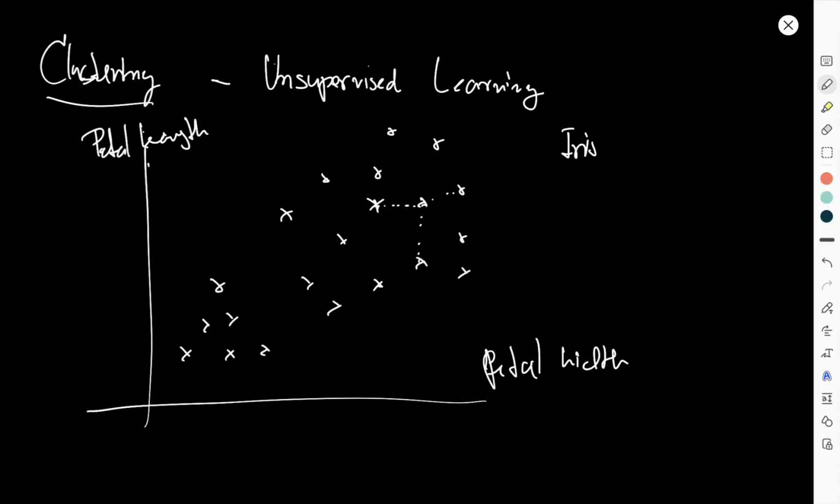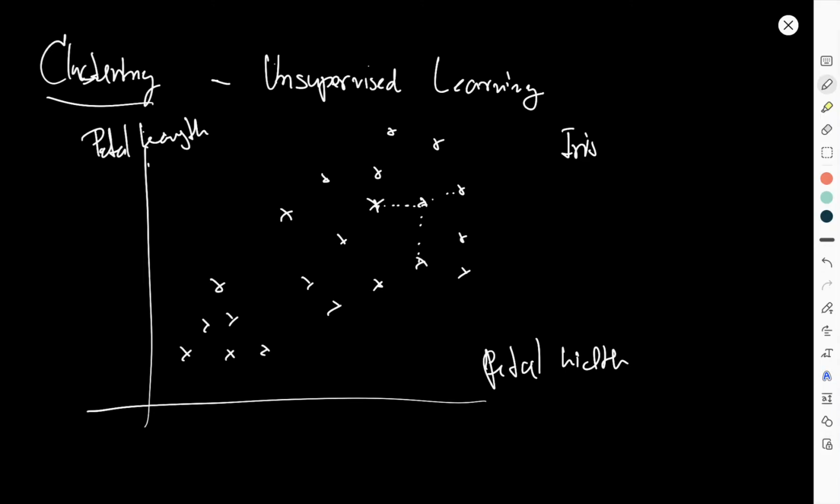You can group the examples that are very close to each other in the same group and very far from the other groups. This is a very important idea: close to the same group, but very far from the other groups. Okay, so the idea is quite simple.